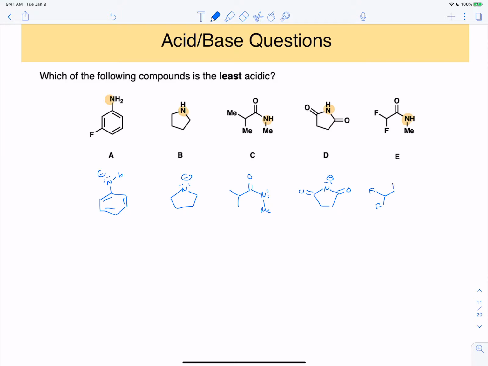So there's a number of distinctions we can make amongst any of these. But here we want to probably break it down to what is the hybridization and what kinds of factors such as resonance can we invoke to stabilize these different conjugate bases. The one with the least stabilized conjugate base will tell us which one is the least acidic.